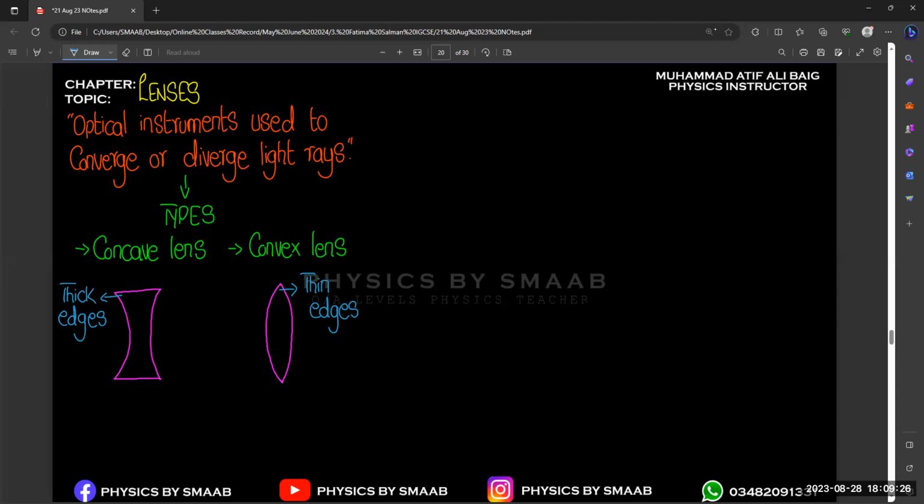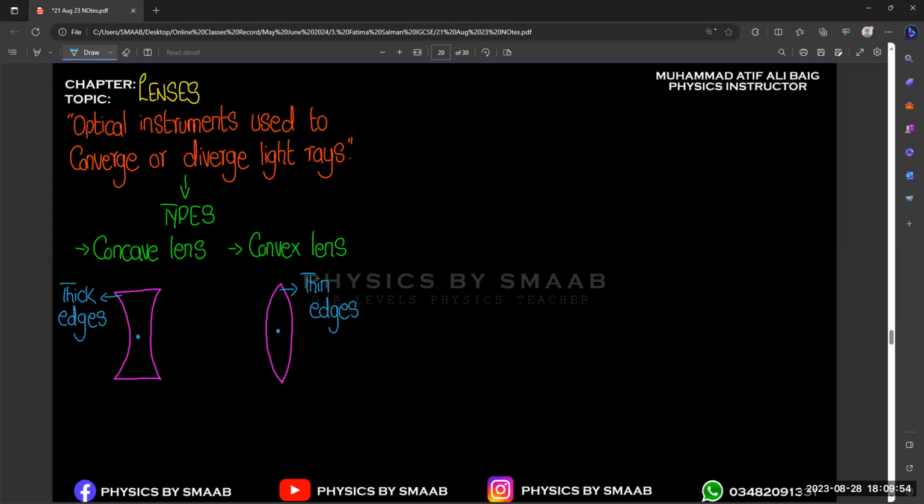Or you can also mark them with reference to the center: the lens having the thick center is known as convex, and the lens having a thin center is known as the concave lens, right? So this is the center. Okay, clear? Yes. So these are two types of lenses.